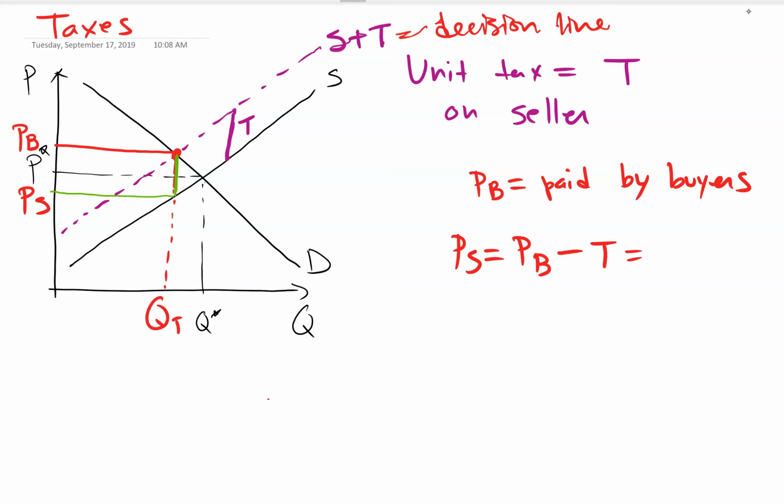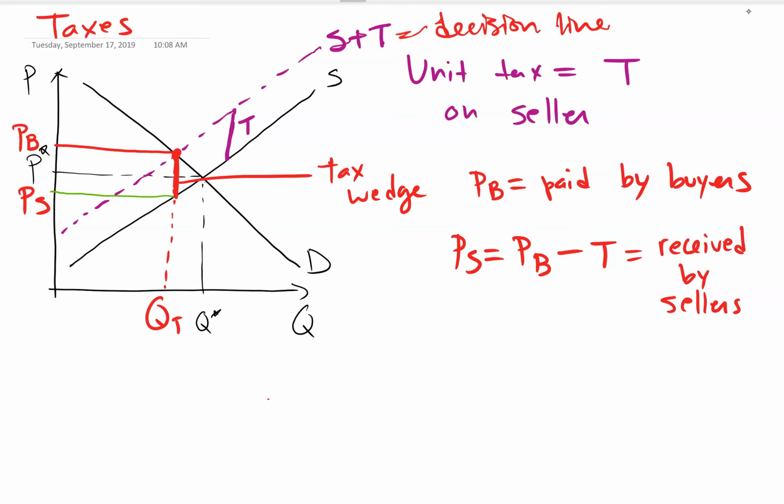So even though the buyers pay all the way up at PB, the sellers only receive PS. The middle part is called the tax wedge, and it goes to the government. That's the idea here.